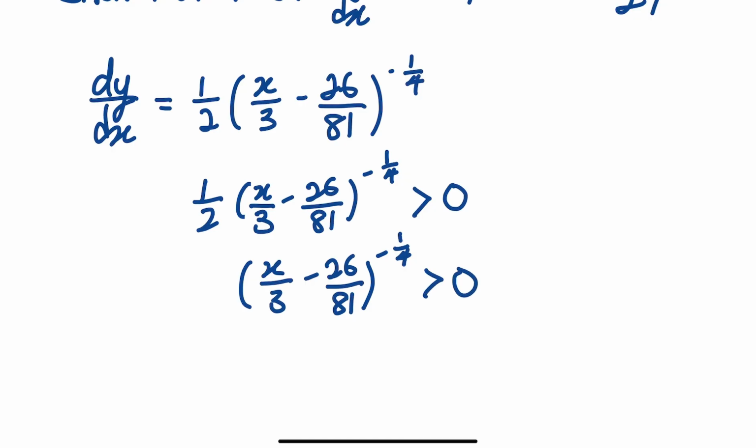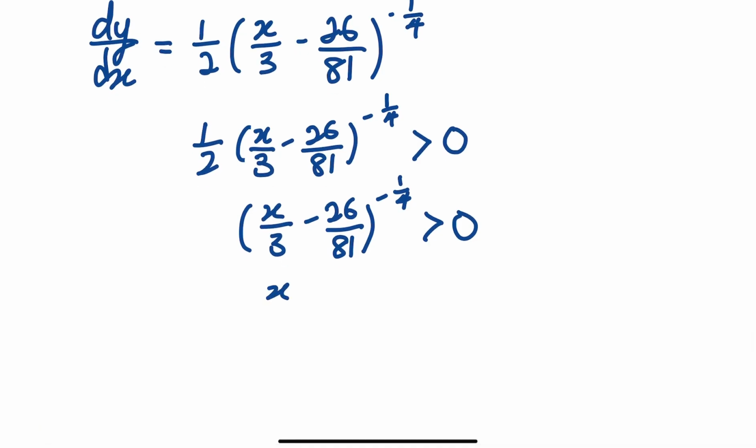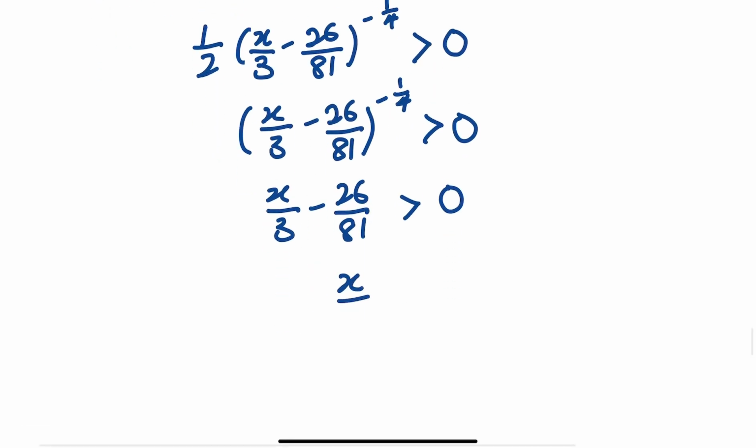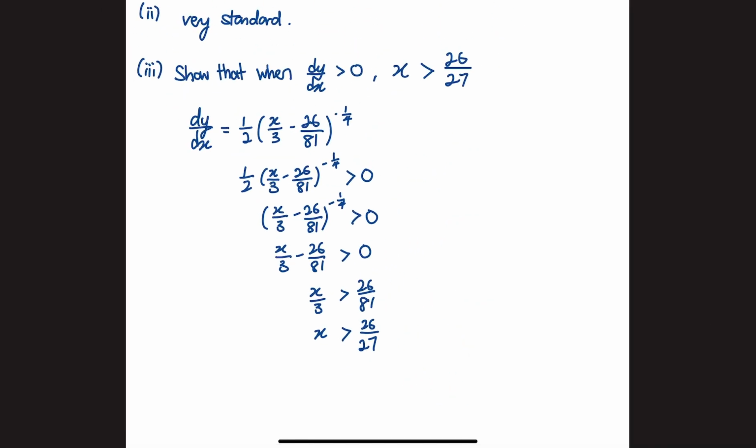Then I'll apply a power of 4 to both sides of this inequality. I will get x over 3 minus 26 over 81 strictly greater than 0. Therefore, x over 3 is strictly greater than 26 over 81. x is greater than 26 over 27. And this is the solution to part 3.